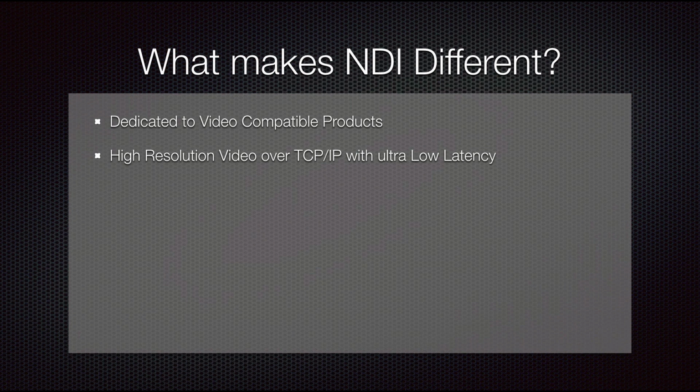The second thing is it's designed for high resolution video over TCP/IP with ultra low latency. Some of the other protocols out there, for example the compression techniques and even those for video surveillance, focus on getting video across Ethernet at a small size, so they're really not too concerned about latency or video quality.